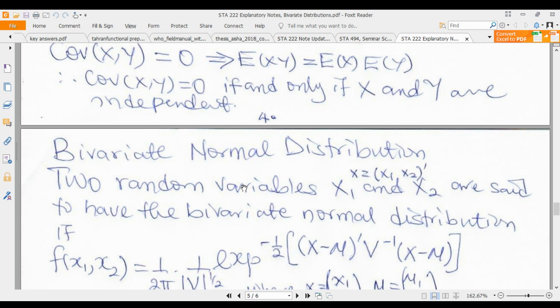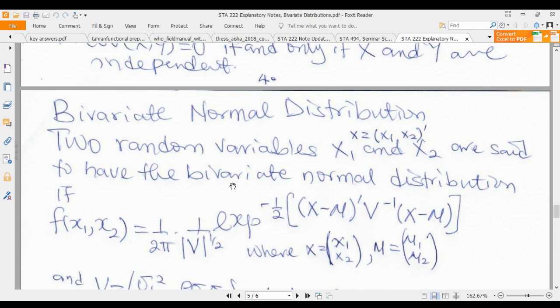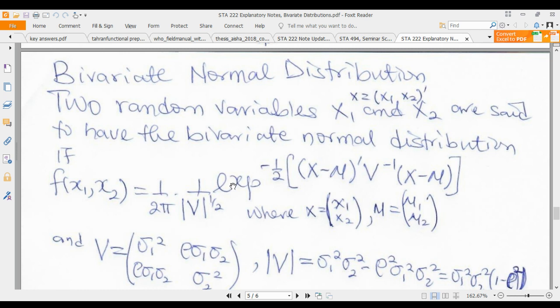Now we have the bivariate normal distribution, the normal distribution with only two variables, x1 and x2, or x and y. You have the mean vector mu, with components mu1 and mu2, and x is the variable vector which contains x1 and x2. The bivariate PDF is given by this function f(x1, x2), where V is the variance-covariance matrix of the two variables x1 and x2.